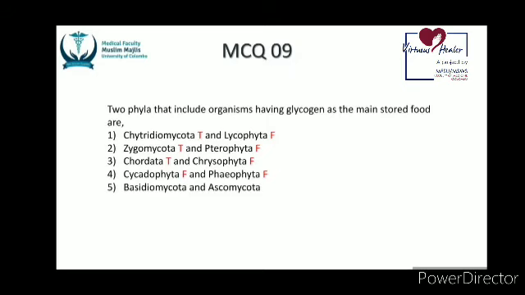Statement 5, Basidiomycota and Ascomycota. Both these two are different classes of fungi. So both of these organisms are going to store food in the form of glycogen. So out of these 5 statements, the correct statement is going to be statement number 5.